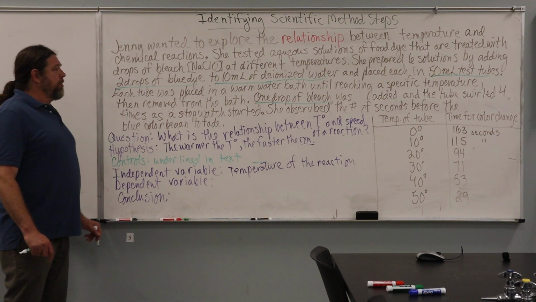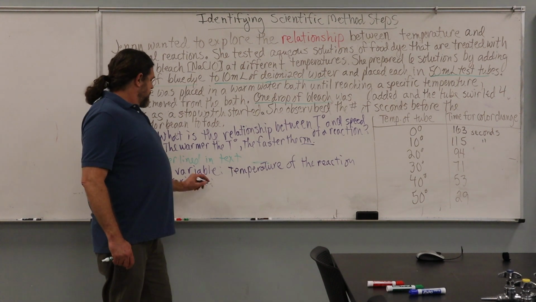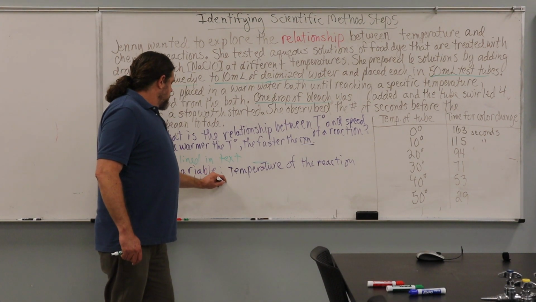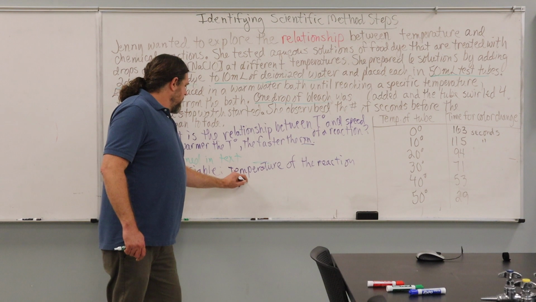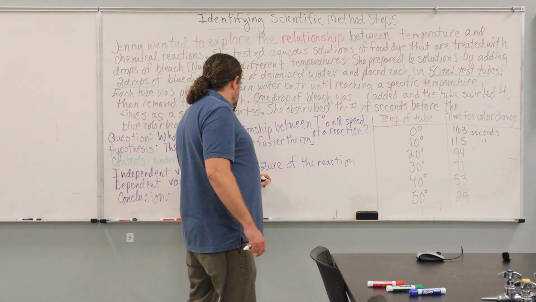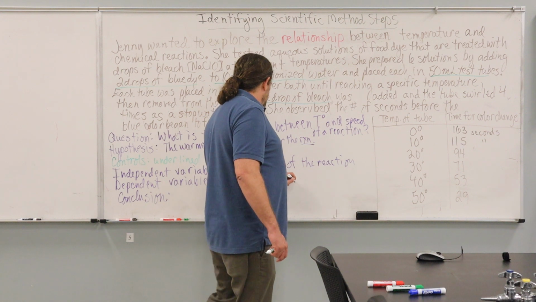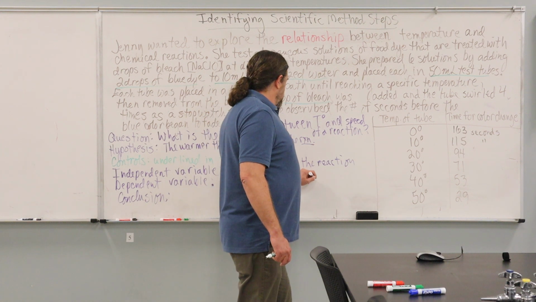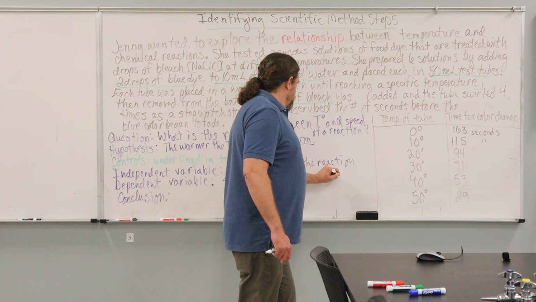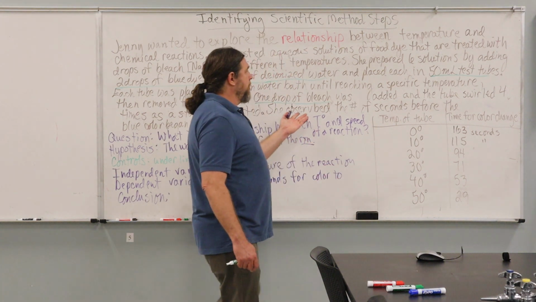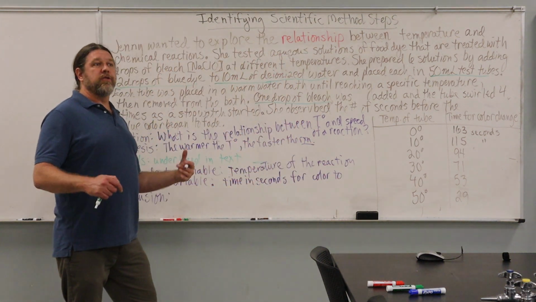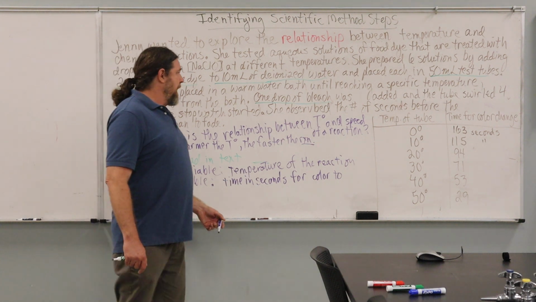What's the dependent variable? Well, yes, I know it's time, but I would say time in seconds, because that's how we're measuring time here. That's the international standard. For the color, we could say it begins to weaken, it begins to lighten, it begins to bleach out.